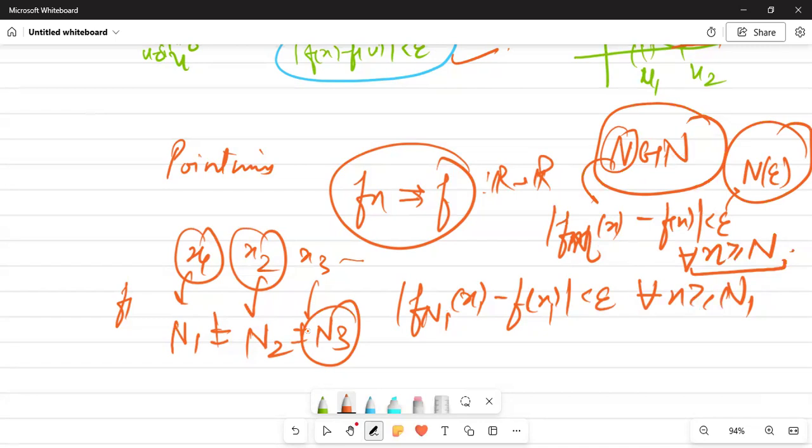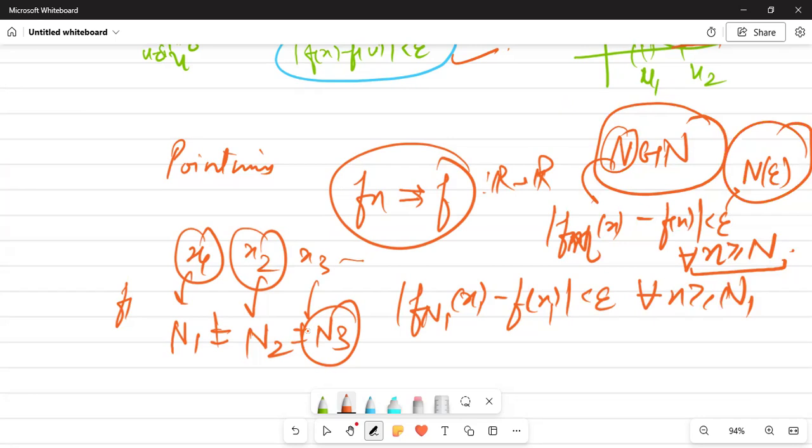You might not get the same stage for which the convergence is happening. If the convergence starts for one point at n1, it might not happen for another point until very far from n1. Similarly, you get another point for which the convergence starts at n2, which might be far away.